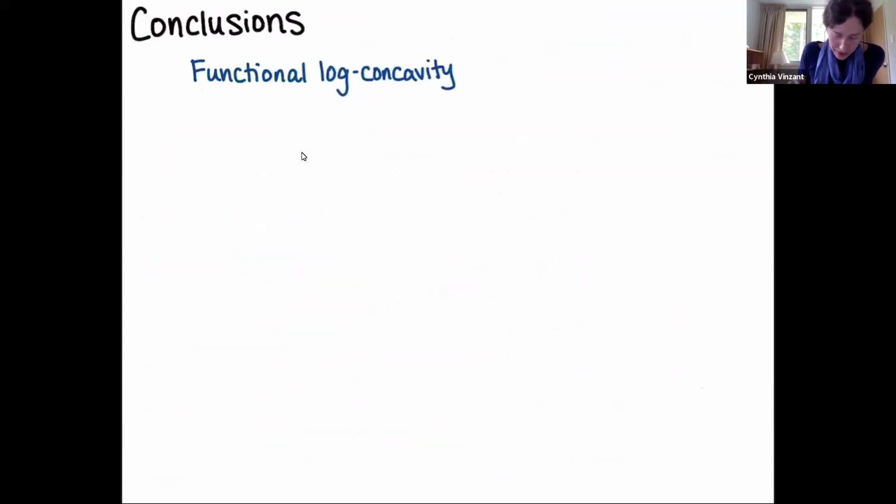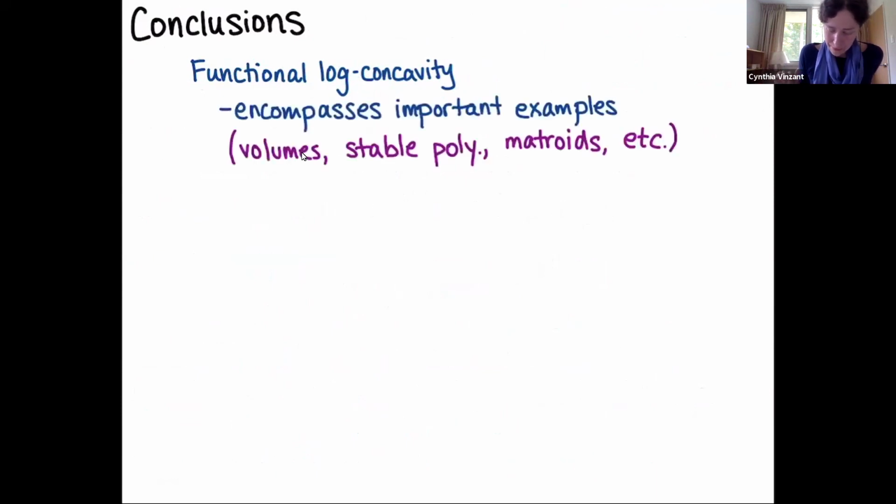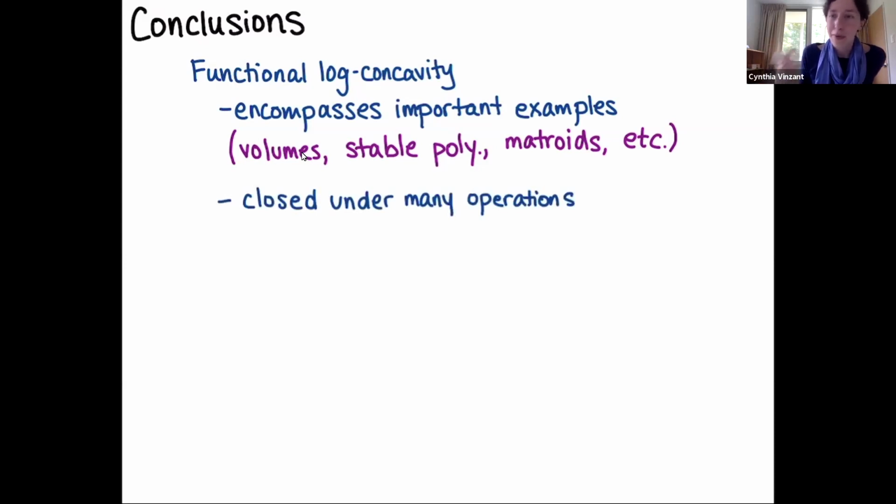Okay, just to finish up, today is a pitch for log-concave polynomials. There are lots of nice examples that one might care about that fall into this class. I didn't talk about this so much, but it's closed under many operations that one might like, derivatives, for example, conditioning.